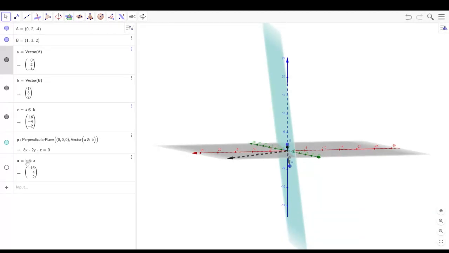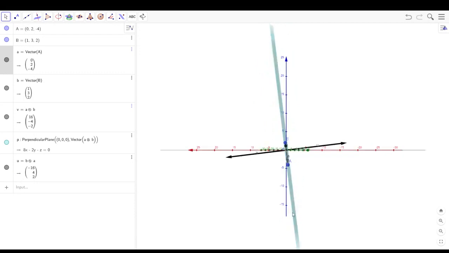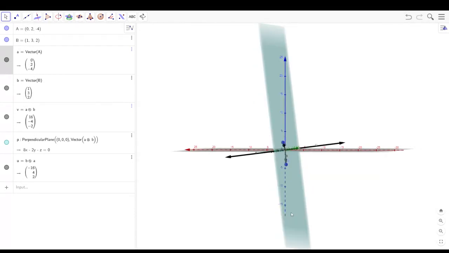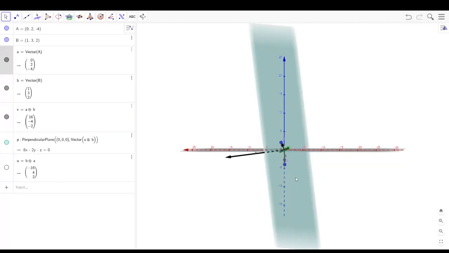Now, if I was to reverse the operation, instead of A cross B, you do B cross A, watch what happens. We get a fourth vector, and it's pointing in the opposite direction from the one we just calculated. So the order matters when you do it.